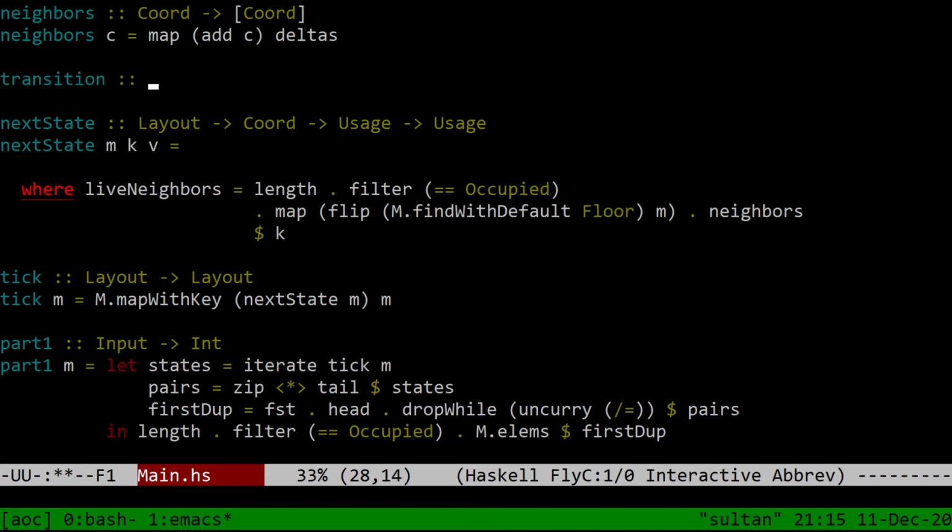Transition the function from int to function from position and int. Well, let's flip these, I guess.